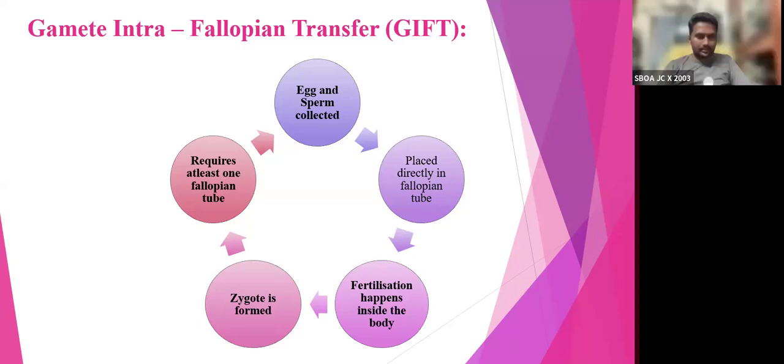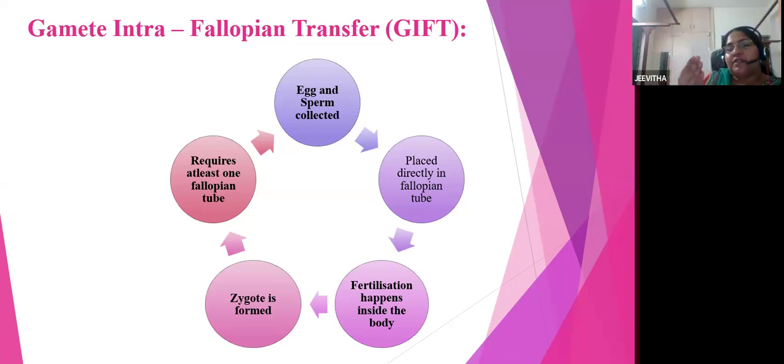Understood. So the zygote is formed, and this requires at least one properly functioning fallopian tube, without tubal block or issues. If there are abnormal tubes, this process is tough. Understood.